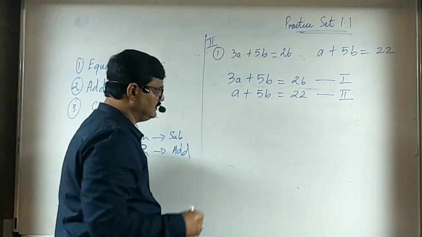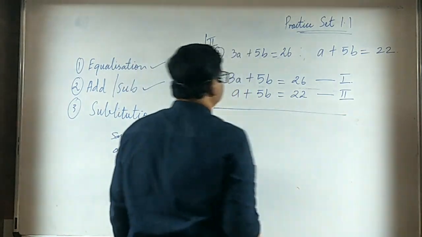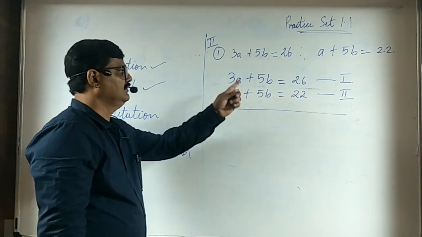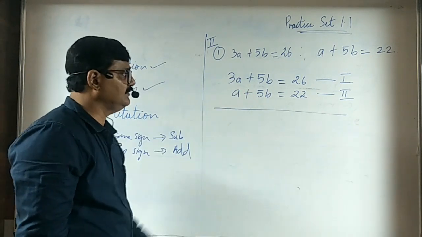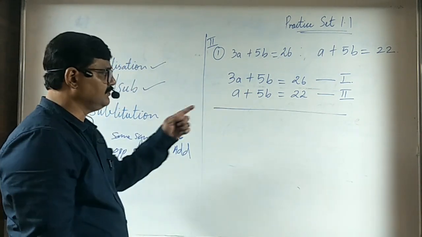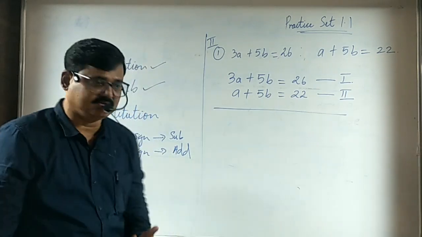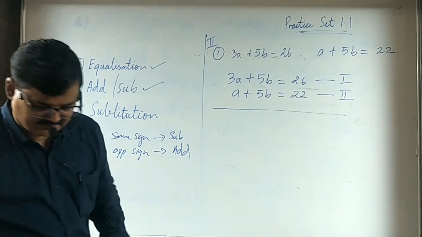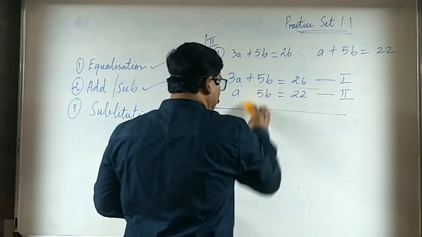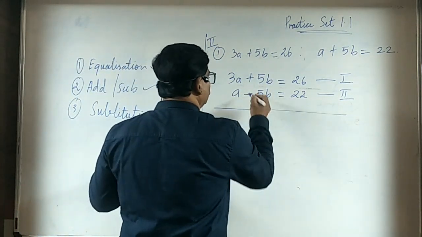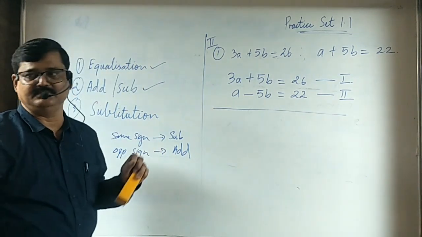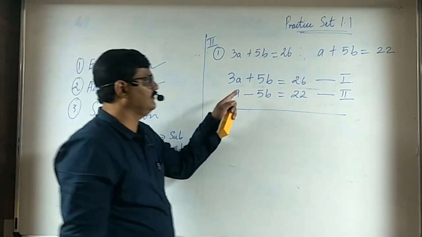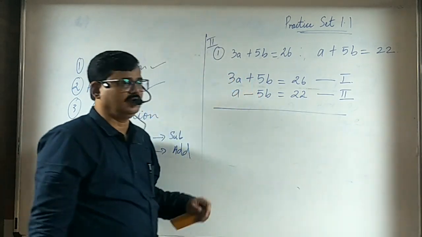Now in this case, b has 5b and 5b, but they have the same sign. Can you see that same sign? So should I do addition or subtraction? Naturally, I have to do subtraction. Suppose one 5b had a plus sign and the other 5b a minus sign, that is opposite sign, then you would have to do addition.